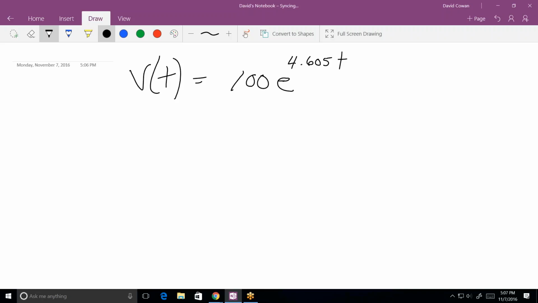First it says find V1. Second is find V1.5. And third, find V2.